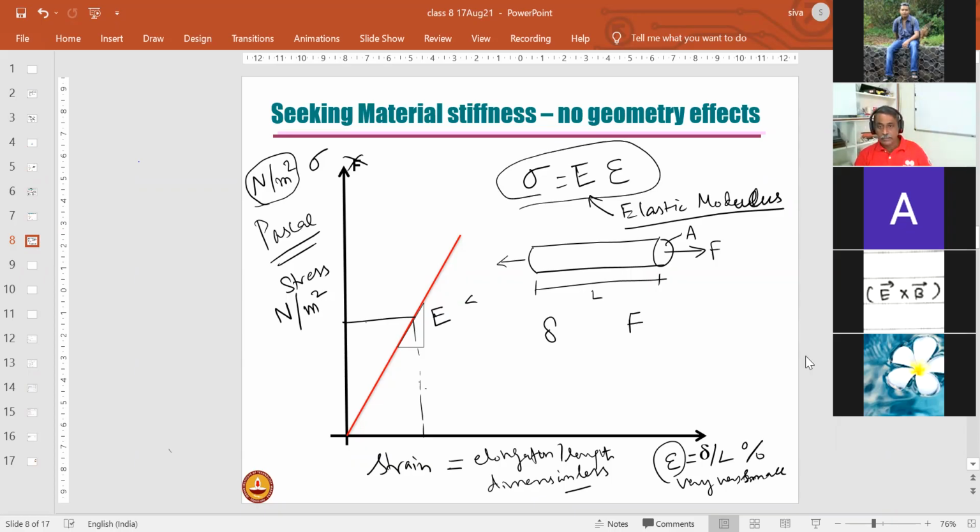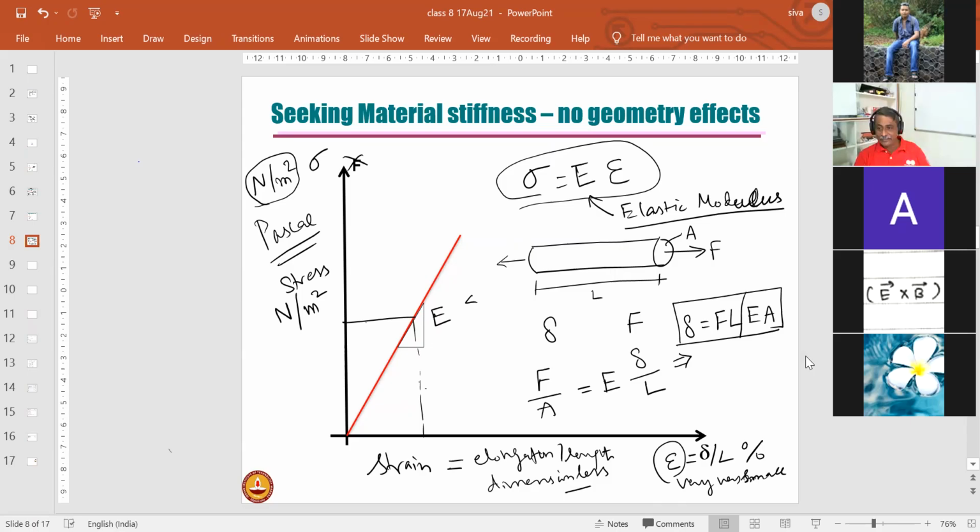Now, what is stress? Stress is force by area, and that is equal to E times elongation per unit length, which is delta divided by the total length L. From this, it is possible for me to write delta is equal to F times L divided by E times A.